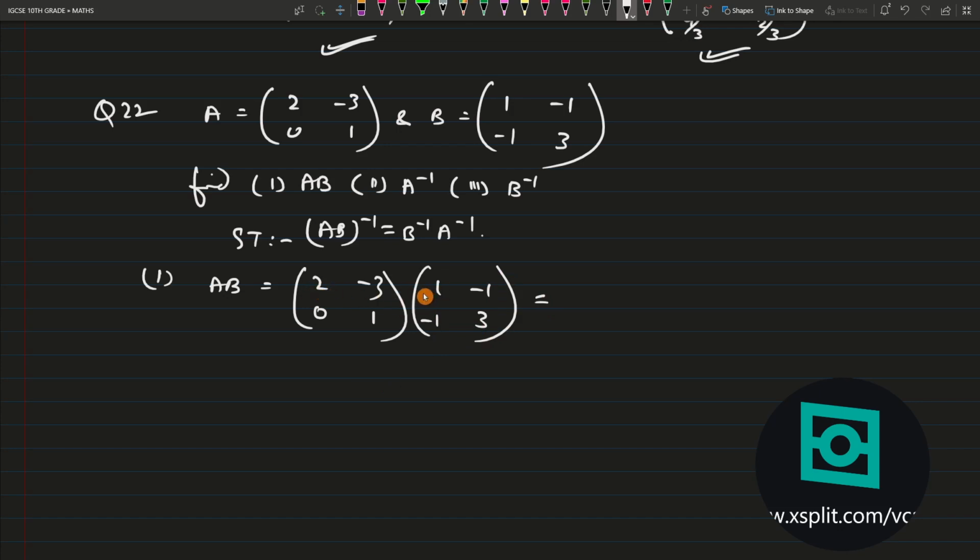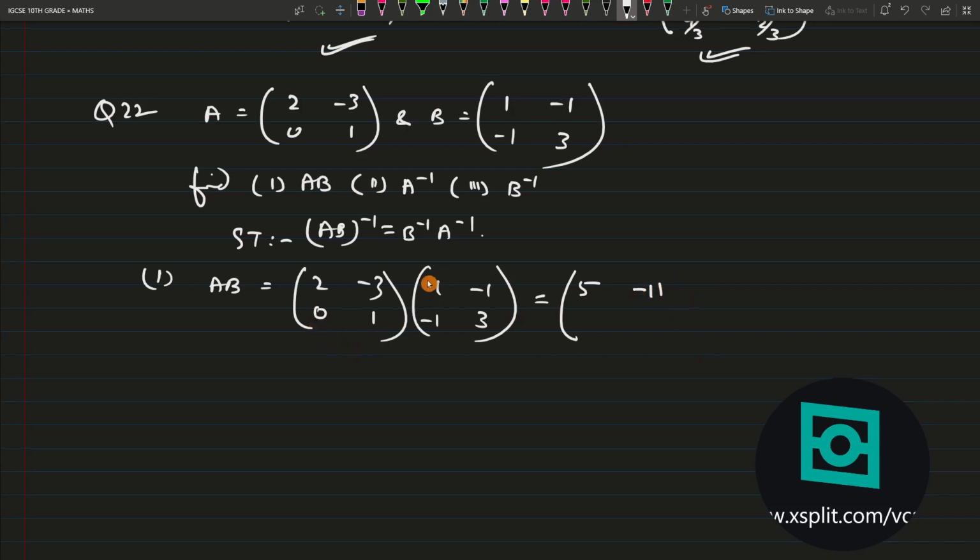Okay, so 2 ones are 2, plus minus 3 into minus 1 is 3. So 2 plus 3 is 5. Okay, then first row, second column, 2 into minus 1 is minus 2, minus 2 plus minus 9. So minus 2 minus 9 is minus 11.